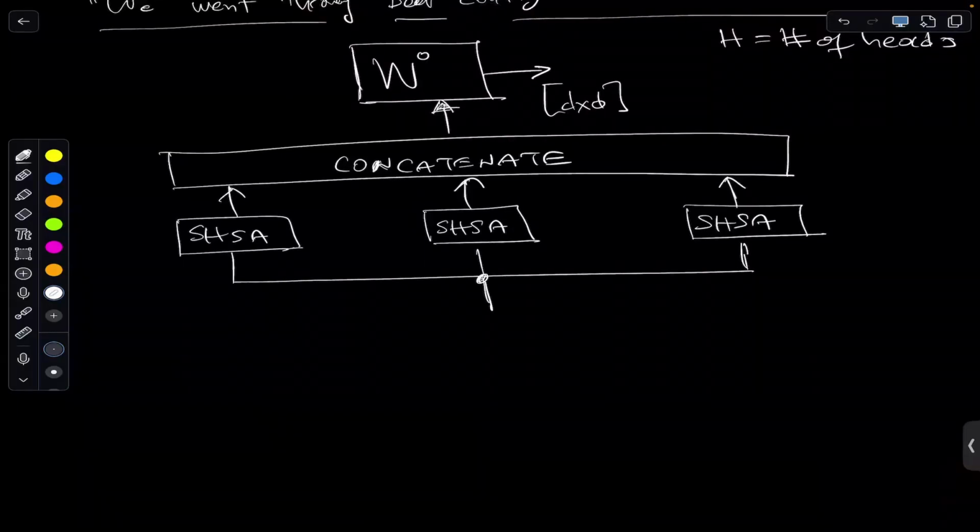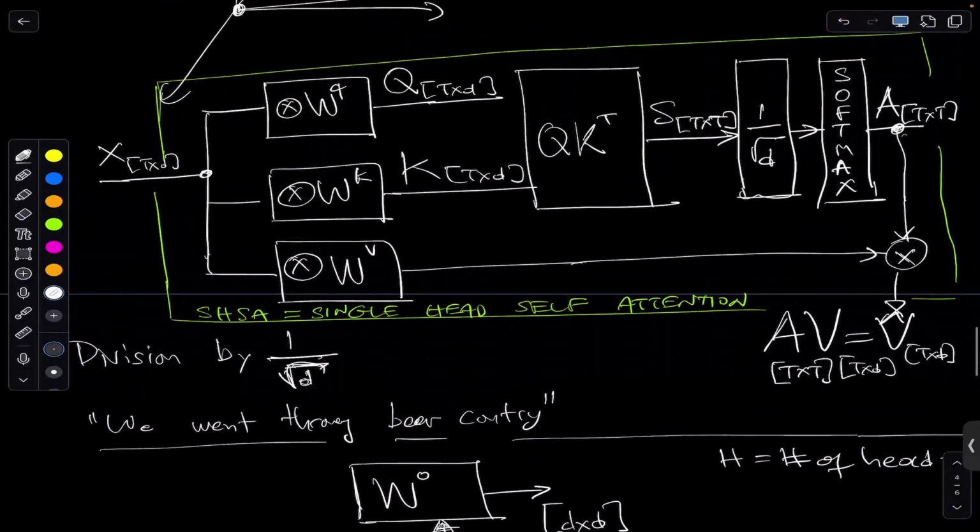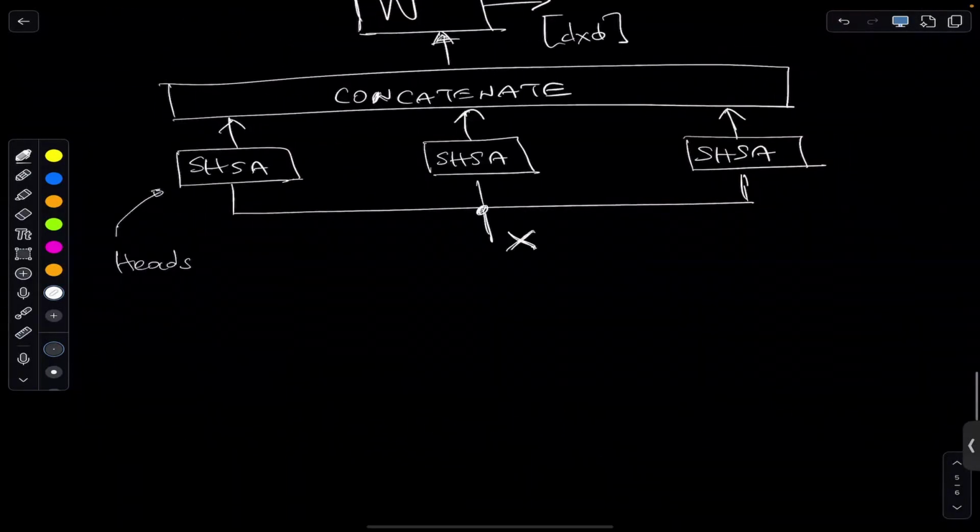First of all, we probably noticed something: given this input tensor X, which is this well-known matrix T by D, we can write that these heads, and as a reminder, heads was basically this block diagram, are working in parallel.